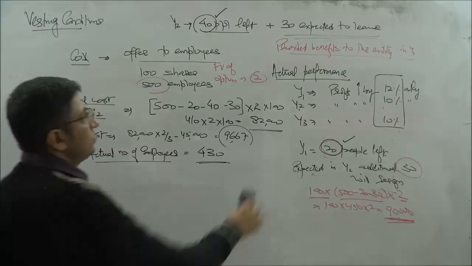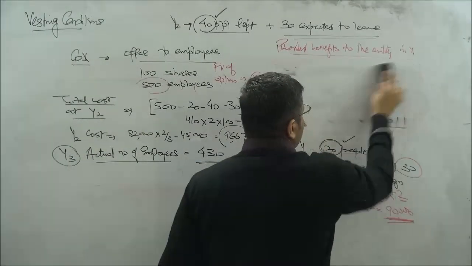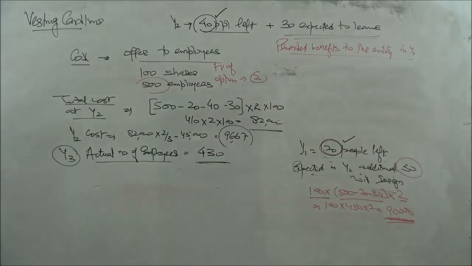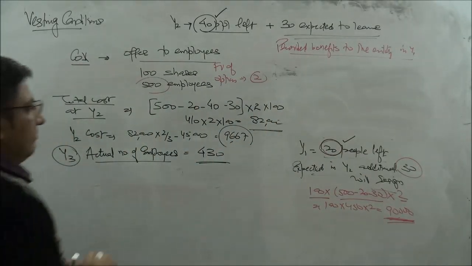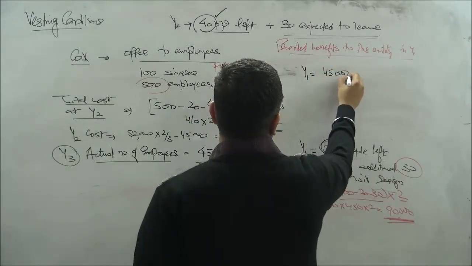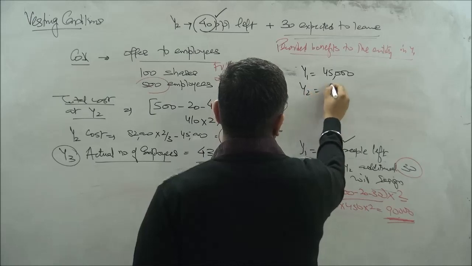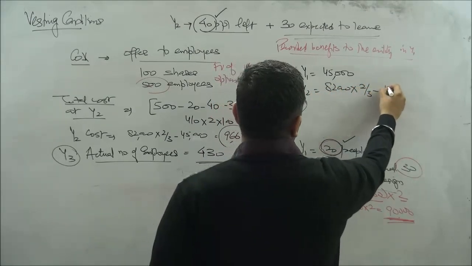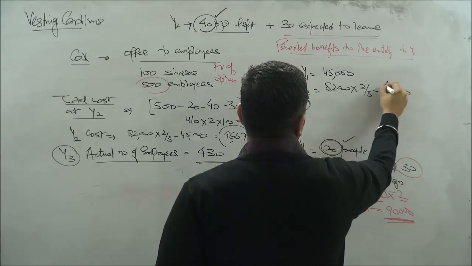I'll just use those numbers here so that we don't miss out on the logic. I'm saying that my year 1 cost was 45,000, year 2 cost was 82 into 2 by 3 minus 45,000.